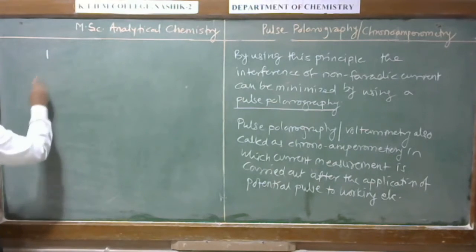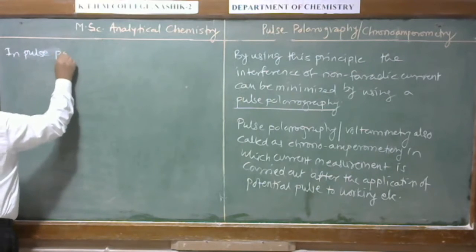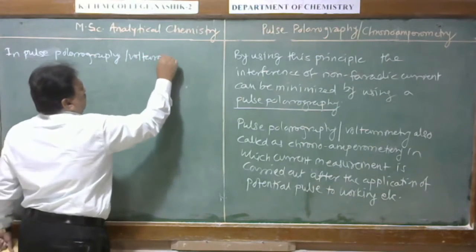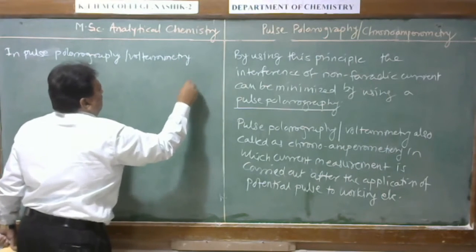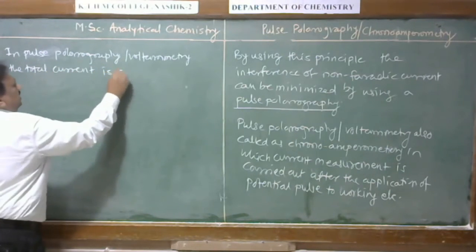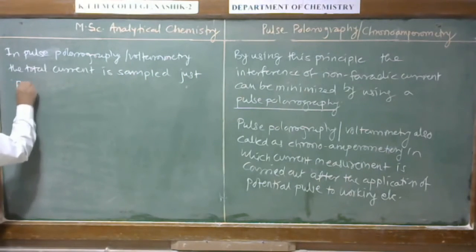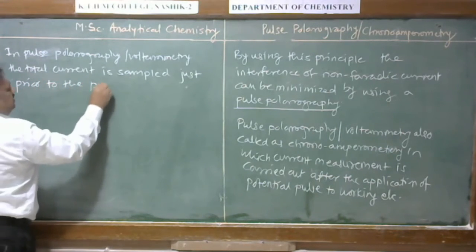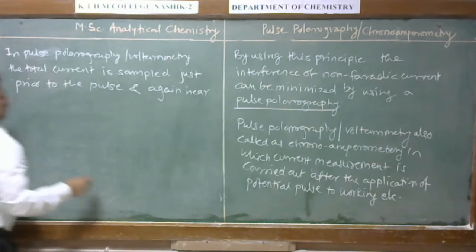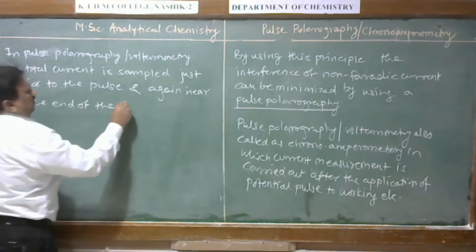In this case, current measurement in pulse voltammetry or polarography, the total current is sampled just prior to the pulse and again near the end of the pulse.